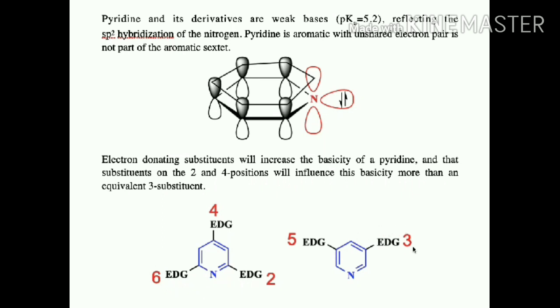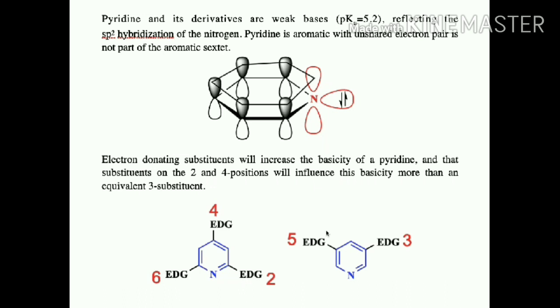There won't be any enhancement in the basicity if we substitute the electron donating group at the third and fifth positions. So this is a brief introduction regarding pyridine: its aromatic character, resonance energy, nomenclature and basic properties.